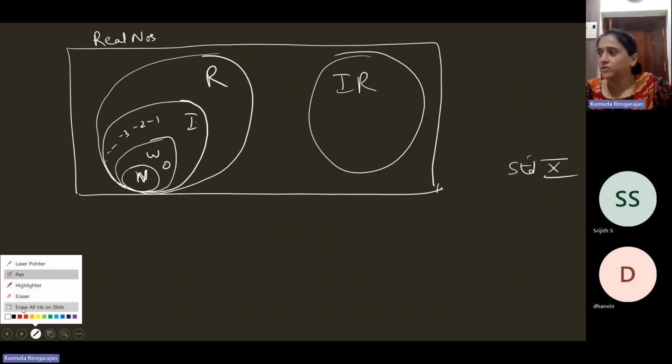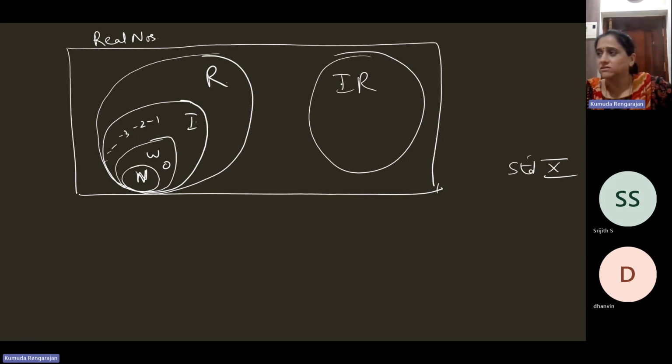Okay, so the collection of all rational numbers and irrational numbers together form the collection of real numbers. Real numbers are numbers that exist. Irrational numbers, there is no specific letter that represents them, but real numbers are represented by the letter R. So what are real numbers?